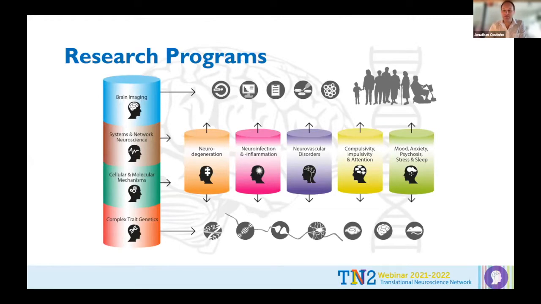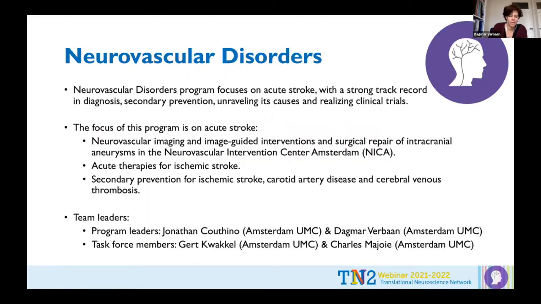Yeah, thank you, Jonathan. My name is Dagmar Verbaan, and I'm a clinical epidemiologist, co-host for today's webinar together with Jonathan, and program leader of the Neurovascular Disorders program of Amsterdam Neuroscience. I will tell you something about our program.